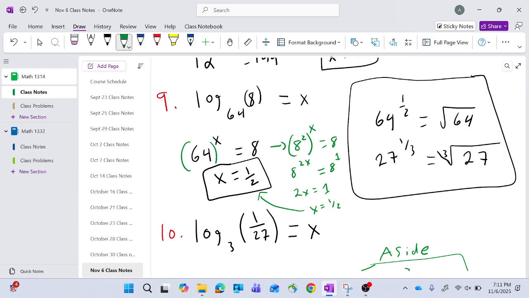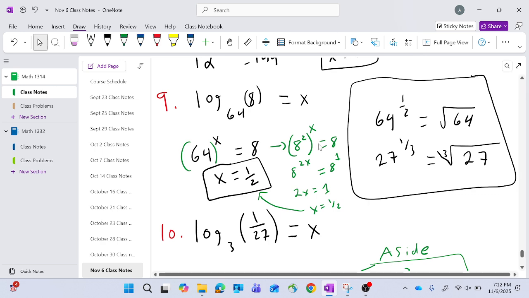So 2 times x is 2x. So 8 to the 2x equals 8 to the 1. So 2x equals 1, or x equals 1/2. Make sense? Everyone else, are we okay? Questions? This way? Yeah, to be honest, yes.